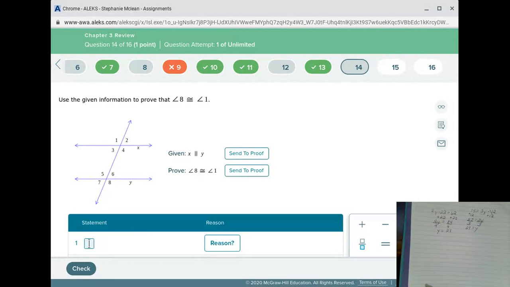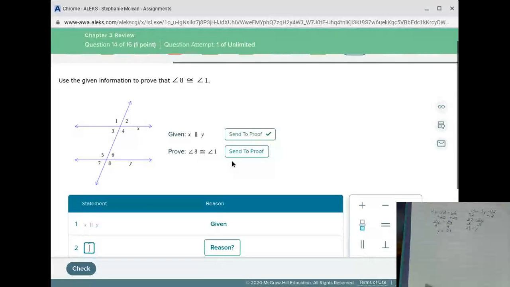Use the given information to prove that angle 8 is congruent to angle 1. They tell us that x is parallel to y, so I'm going to send that to the proof. Because these two lines are parallel, I can see that 8 and 1 are exterior angles.